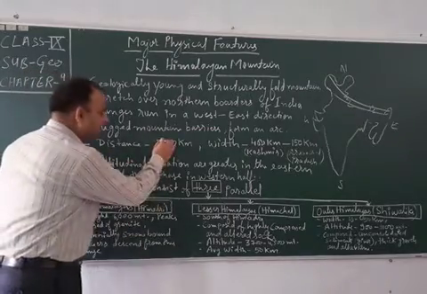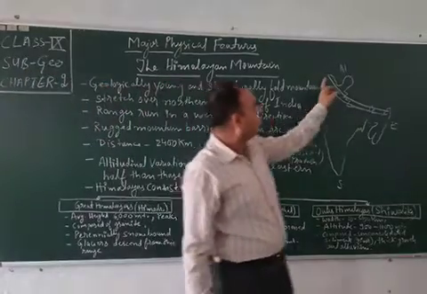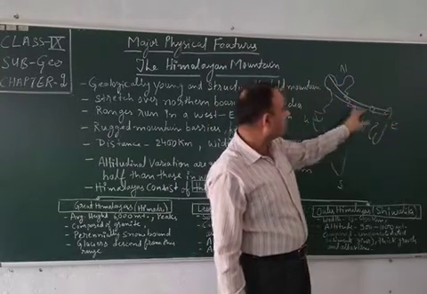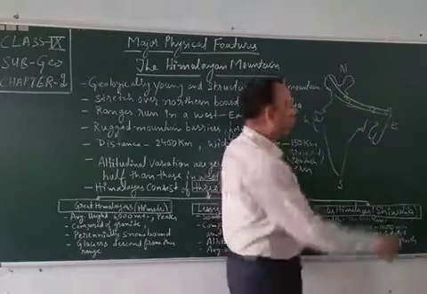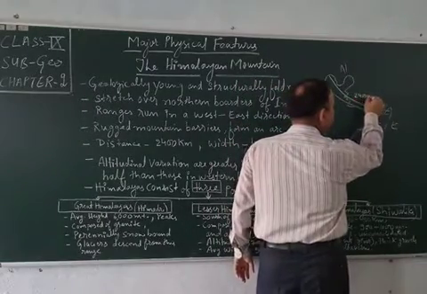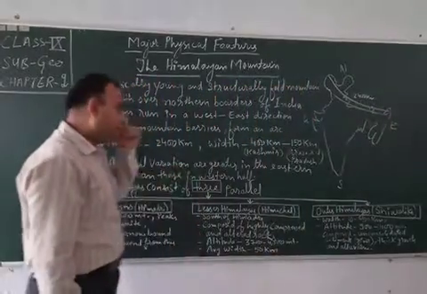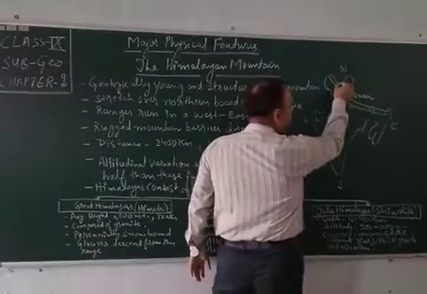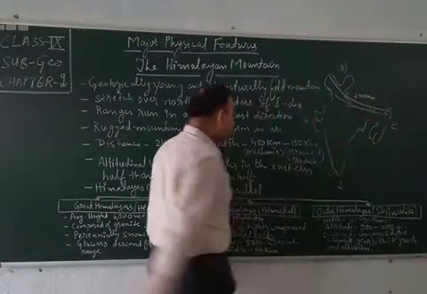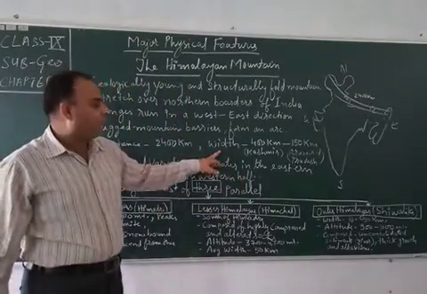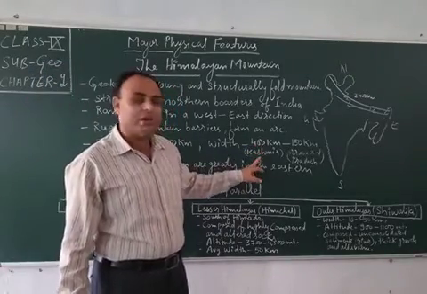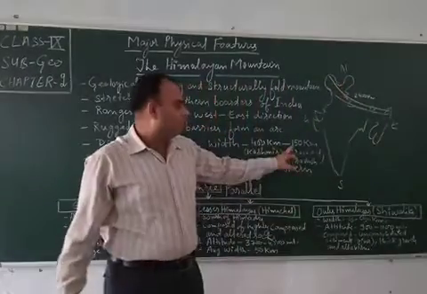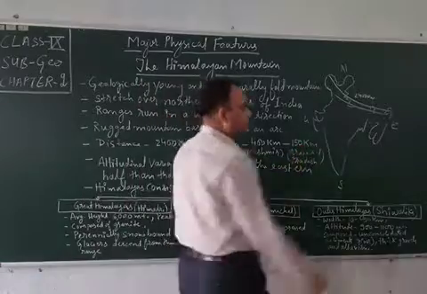Now coming to the distance from the northern side to the eastern side, the distance from here to here is 2400 kilometers. Coming to the width, its width is 400 kilometers in Kashmir and 150 kilometers in Arunachal Pradesh.